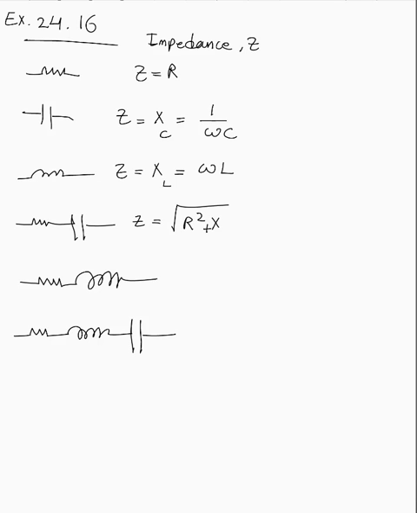If you have the resistor and the inductor, then Z is equal to square root of R squared plus XL squared. If you have all three, then the impedance is equal to square root of R squared plus XL minus XC squared.